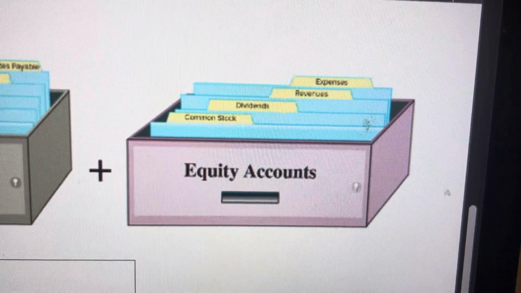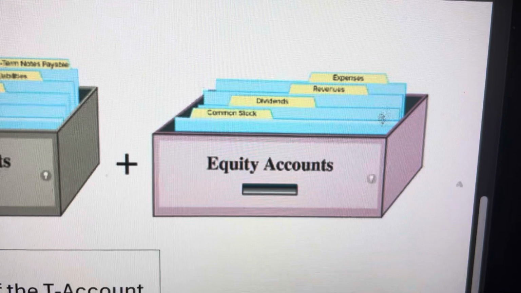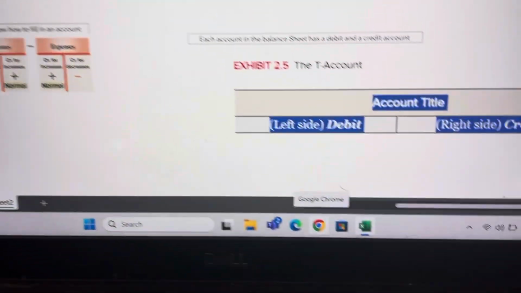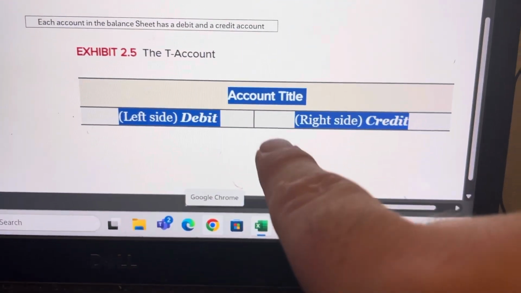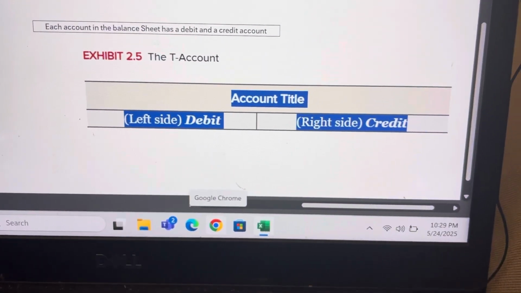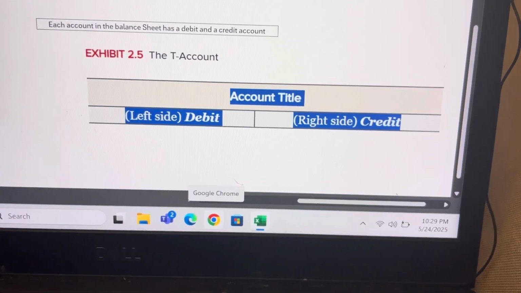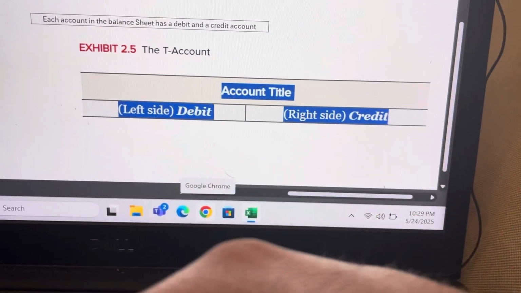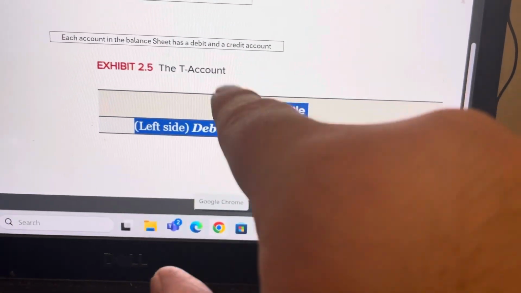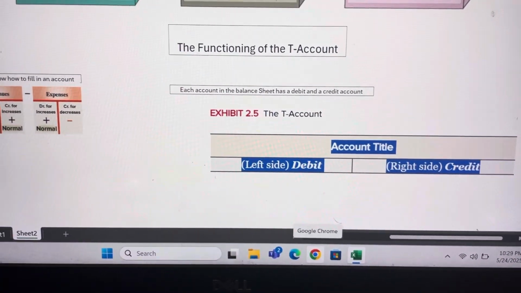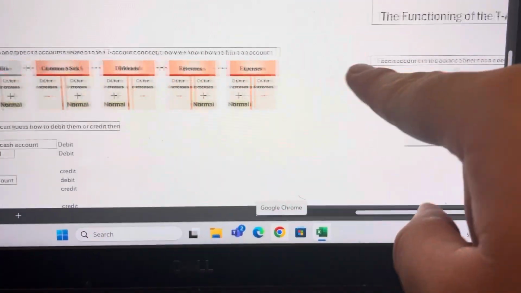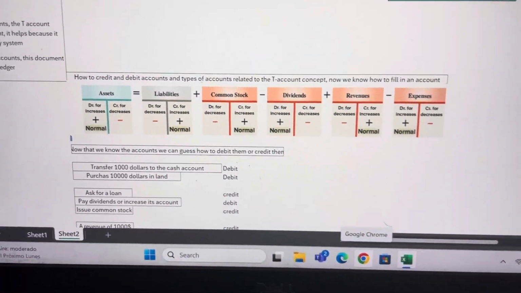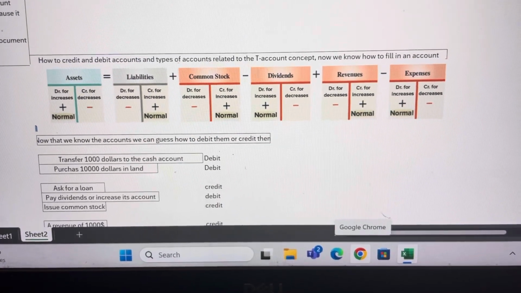And now you have equity accounts: common stock, dividends, revenues, expenses. All of these accounts follow what you call a T account format because of the shape it forms with debits and credits. Each of these follows a specific pattern of debiting and crediting, depending on what part of the formula they are.